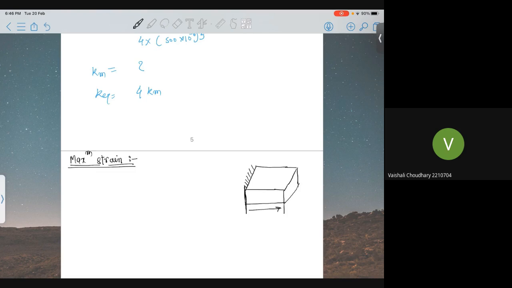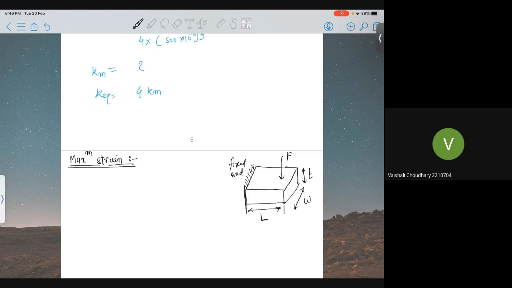The length is L, width is W, and thickness is T, right? And you are applying force at the free end of this cantilever beam. So the maximum strain for the entire cantilever beam will occur at the fixed end, which means that the fixed end will experience the maximum strain.